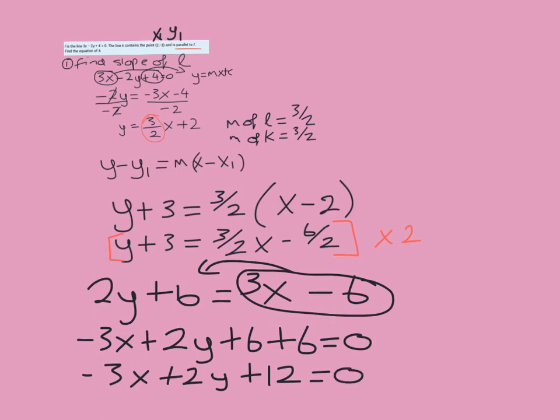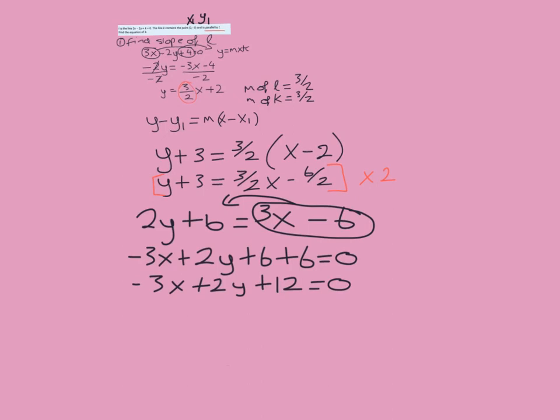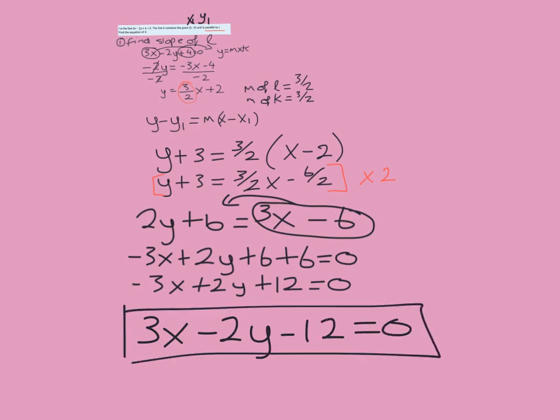And you remember I said to you before that we never leave a negative at the very beginning of the equation. So just last step there, you multiply the whole line by minus 1, but another way of saying it is just change all the signs. It's the same thing. So 3x minus 2y minus 12 equals 0. And that's my final answer.